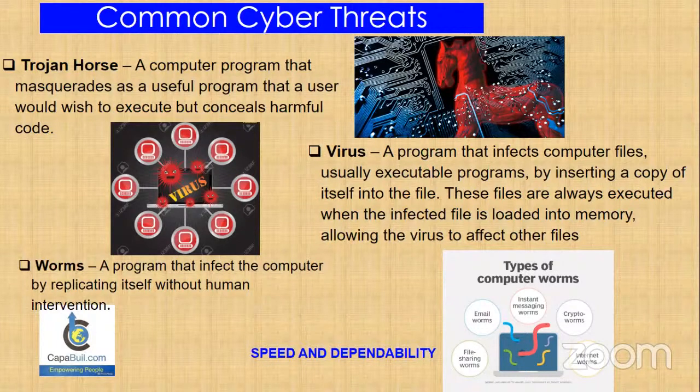Then there are internet worms that move from one machine to the other as long as you're connected to the internet. Then there are file sharing worms. These are worms that move in files that are being shared from one point to the other. If the file is infected by a worm and it passes by your machine, it infects your machine and moves with the file. So the next machine is also infected, and that's how it happens.